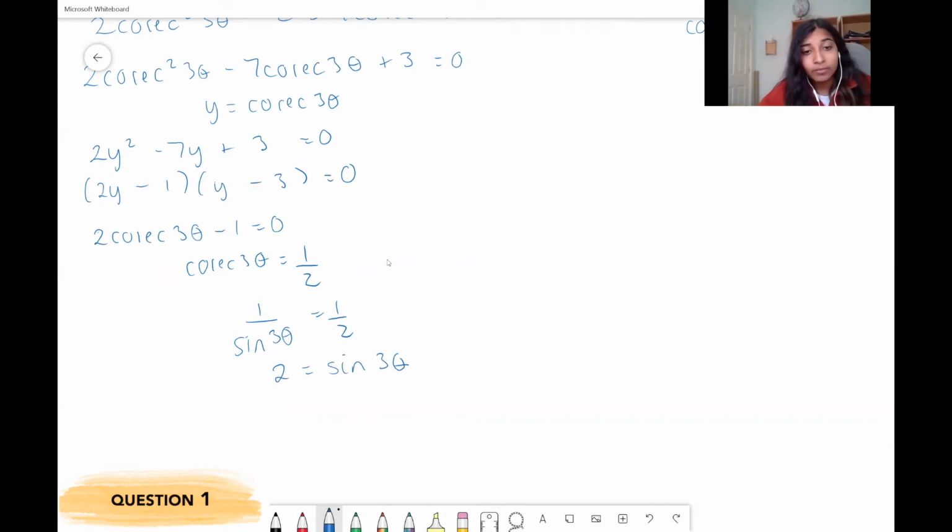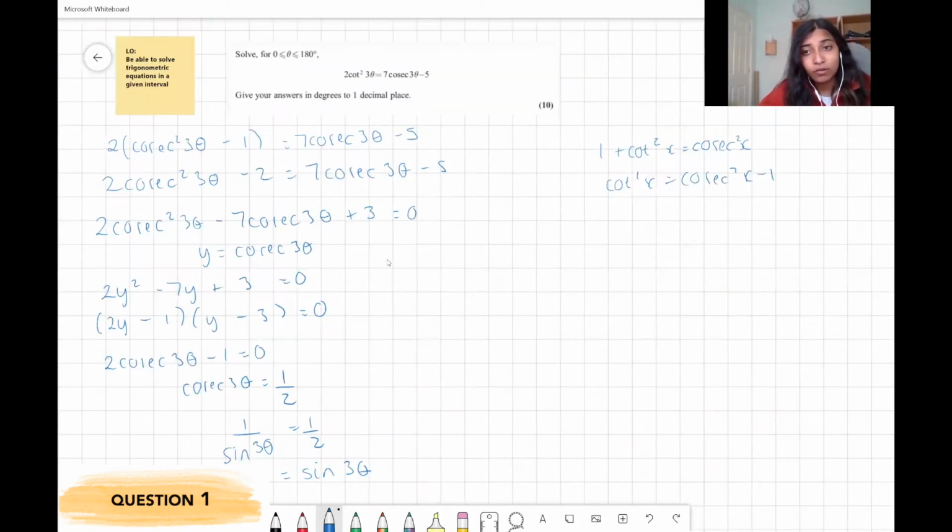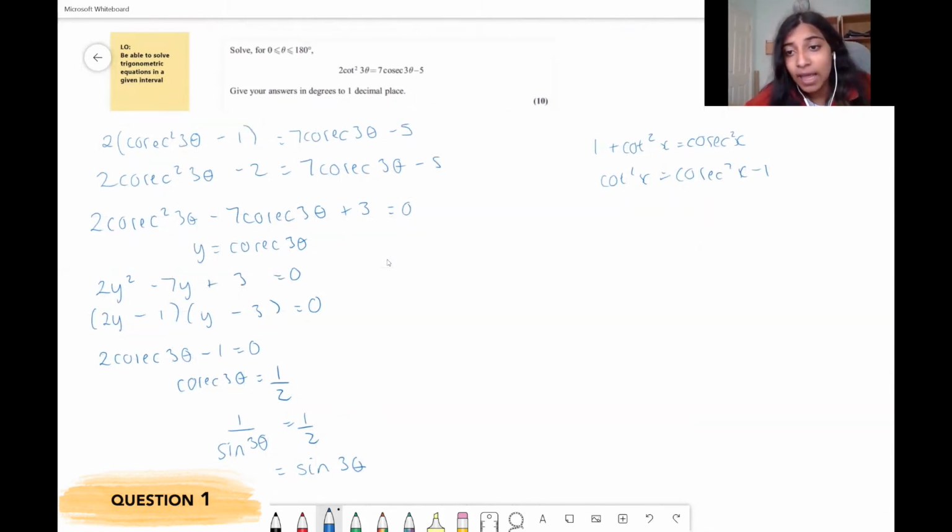So then for this one, if you remember what the graph of sine x is, that just goes like this, with this being 1 and this being minus 1. And if the graph is sine 3 theta, then that means it's just squished in the x direction by a third.